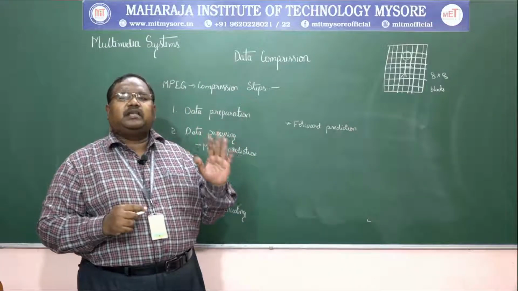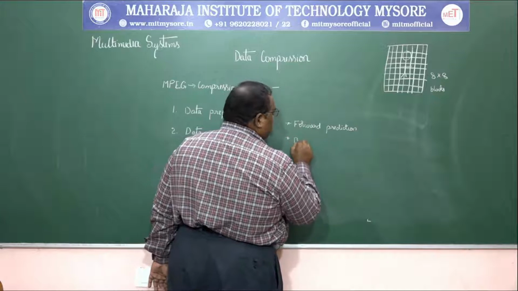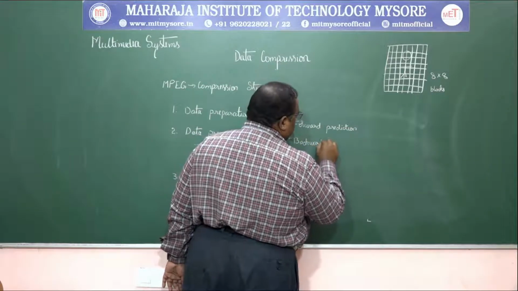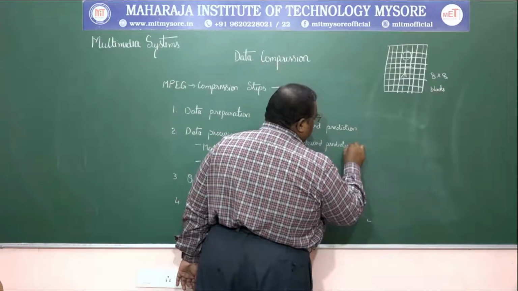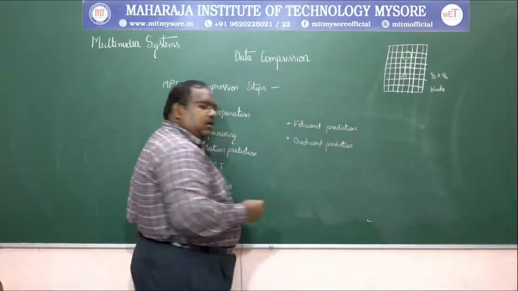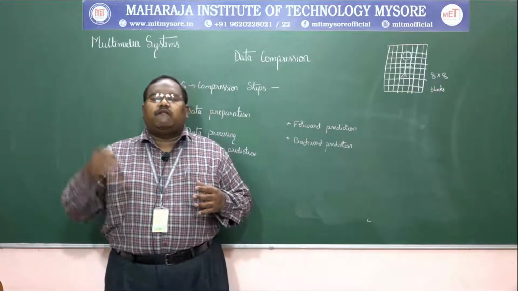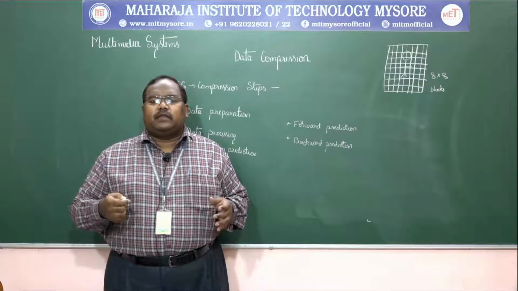The second kind of prediction is called the backward prediction. Here the backward prediction is totally based on the future frame, so we call it a kind of backtracking.